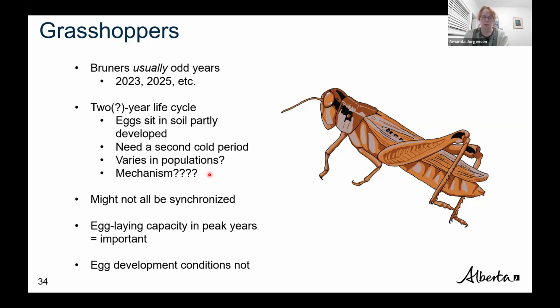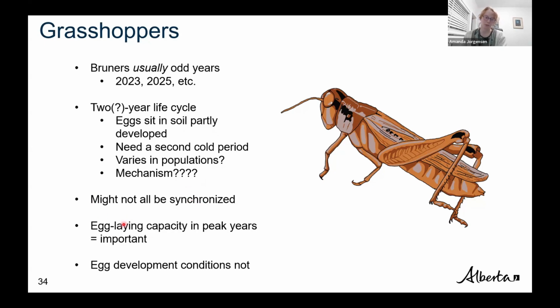So with those question marks, we don't know if in the future, if say we have more winters where we have fluctuating temperatures with warm and cold periods intermixed instead of a more solid cold, is that going to trigger Brunner's grasshoppers, their life cycles to change? We don't know. And not necessarily all of those Brunner's are perfectly synced up. So we do still have Brunner's grasshoppers that are going to come out during those even years.